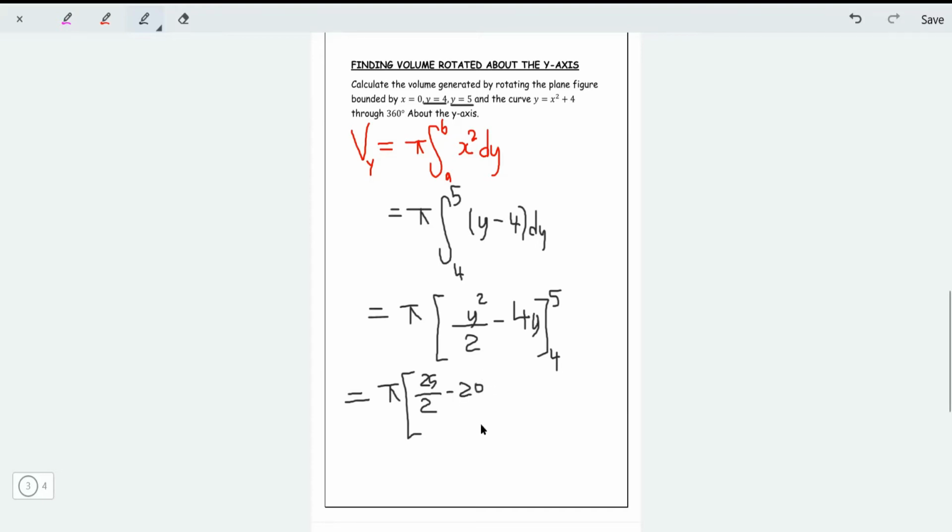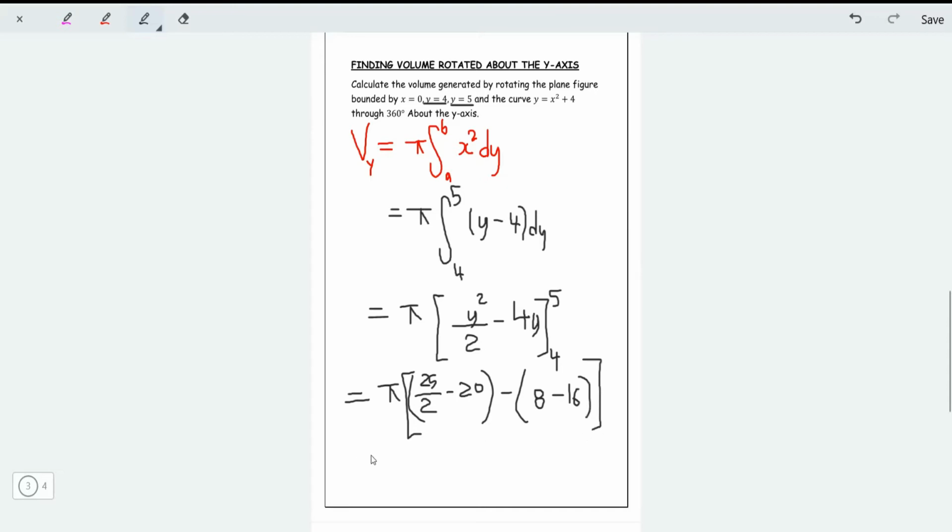You close that bracket, then you subtract, plugging in 4 now. 4 squared is 16, 16 over 2 is 8. So you get 8 minus 4 times 4 is 16. I'll close that bracket.